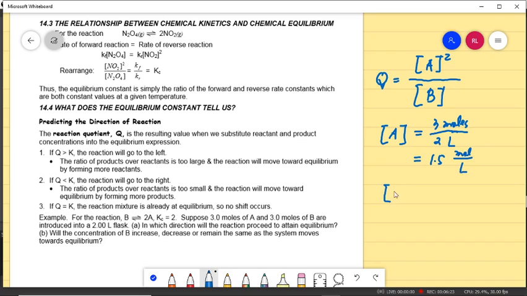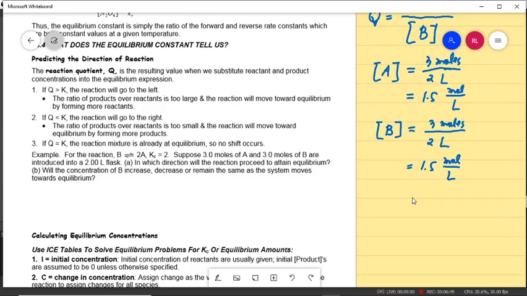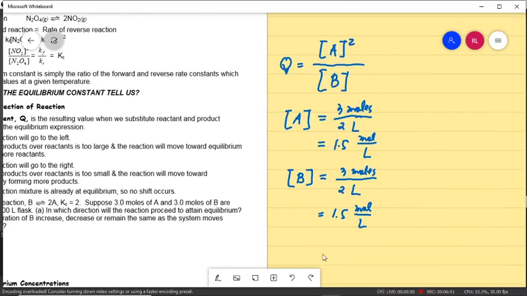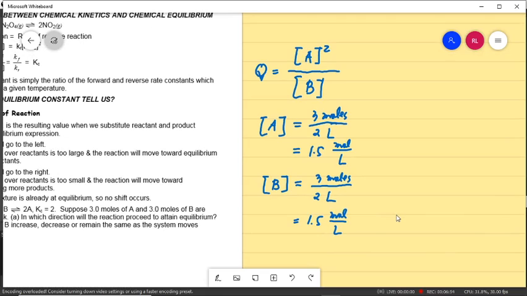Then for B, you also have 3 moles in 2 liters. So you also have 1.5 mole per liter. So we now have the concentrations of the two species. The next thing to do is to substitute the concentrations of your products and reactants into the expression.